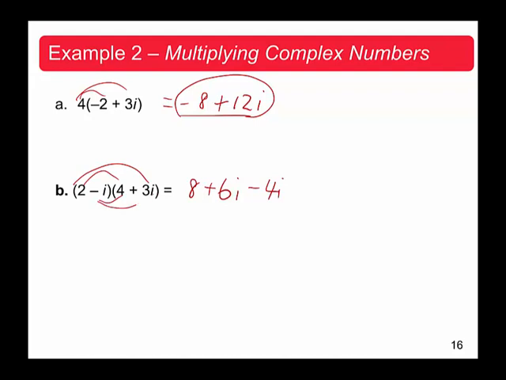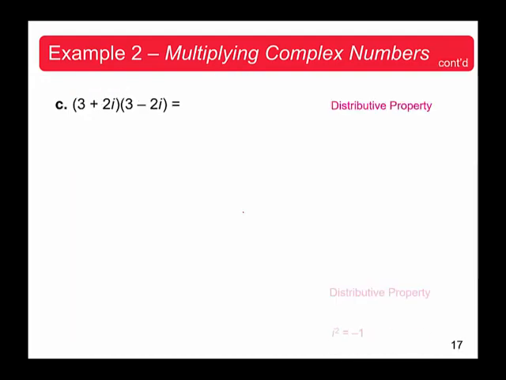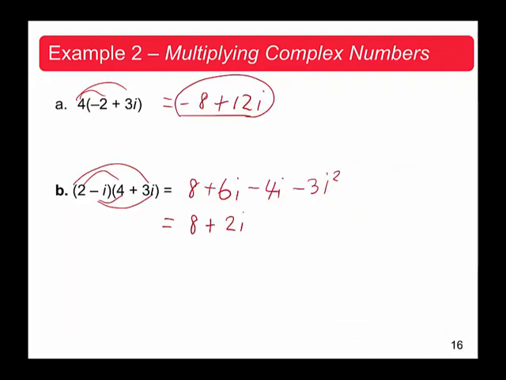And the last term is -i times positive 3i. Minus times plus becomes minus, 3i times i becomes i squared. Again, remember i squared becomes -1. So right here it's 8 plus 6i minus 4i, and that's 2i. It's like 6x minus 4x becomes 2x, very similar.